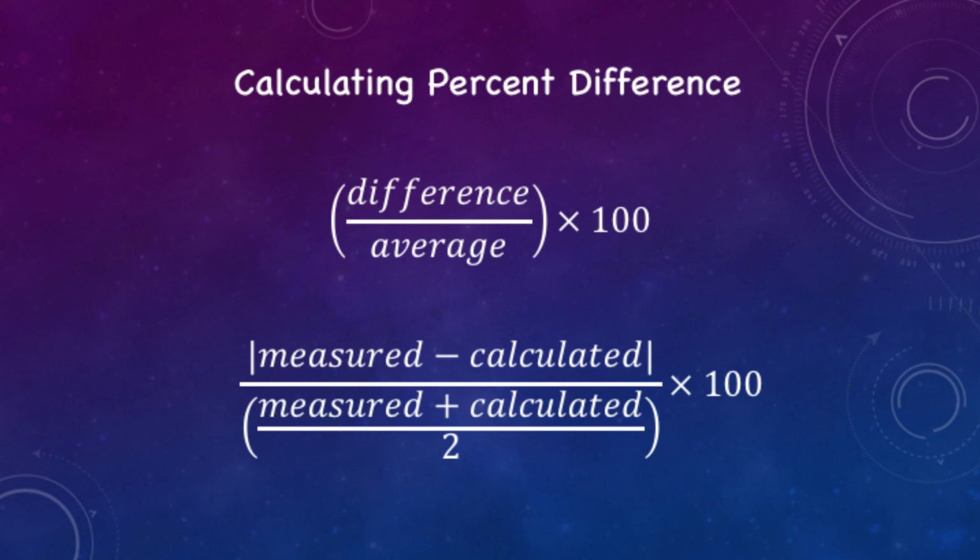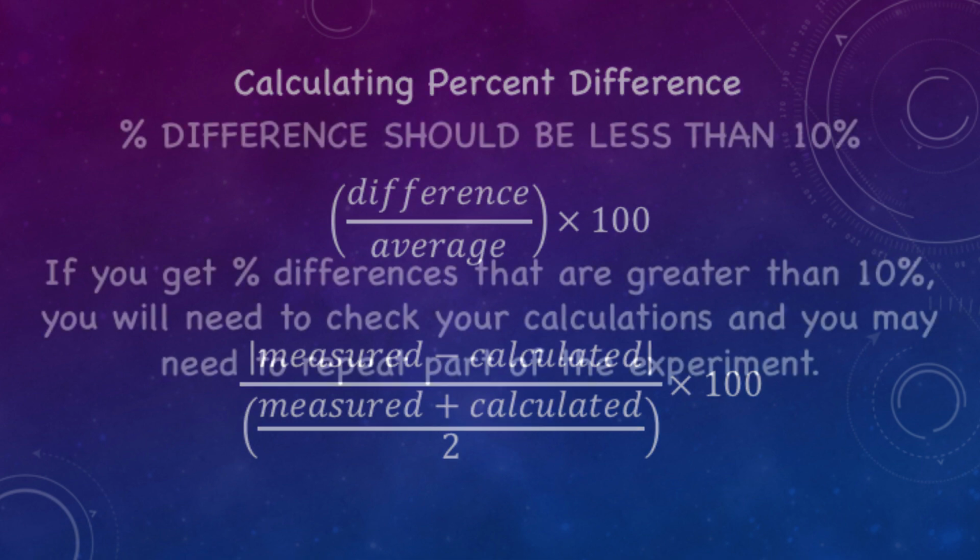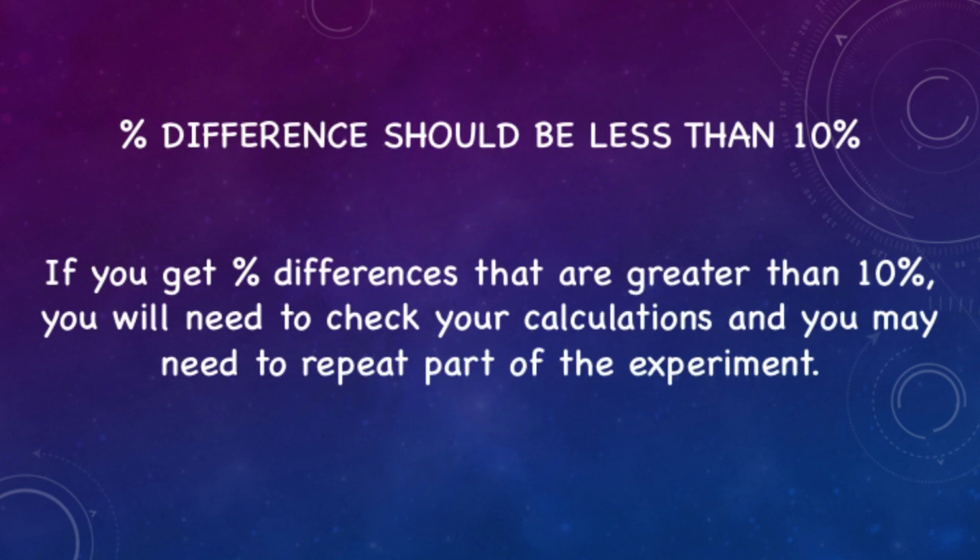You'll be making this calculation for many of the labs. In this course, the percent difference should be less than 10%. We will consider percent differences less than 10% as good results that will confirm our theory. If you get percent differences that are greater than 10%, you will need to check your calculations and you may need to repeat part of the experiment.